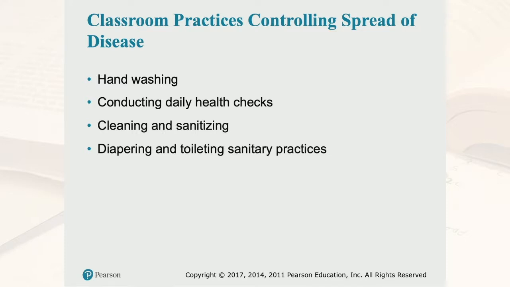Ensuring that if you see a toy being mouthed and put down, that you automatically put it in a sanitizing bin to, again, reduce the spread. And really good practices regarding diaper and toileting procedures. And there are strict guidelines and policies that you follow in diaper changing and toileting. And those we'll discuss later on as well.